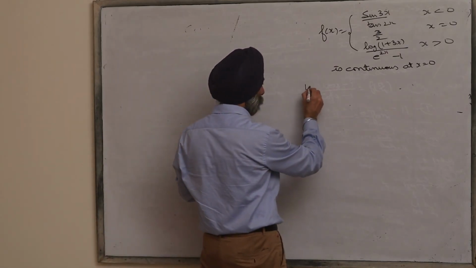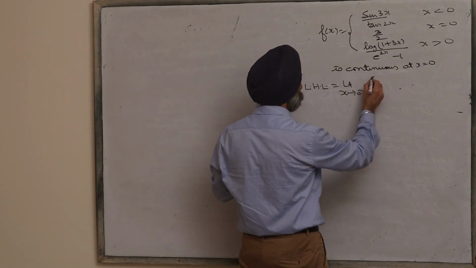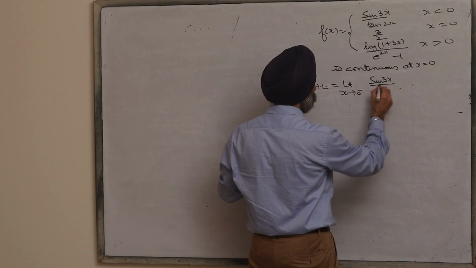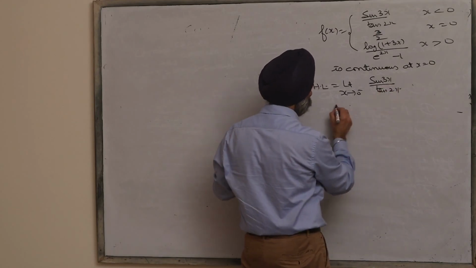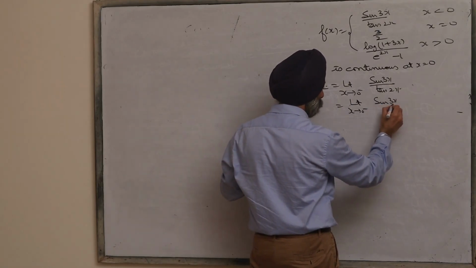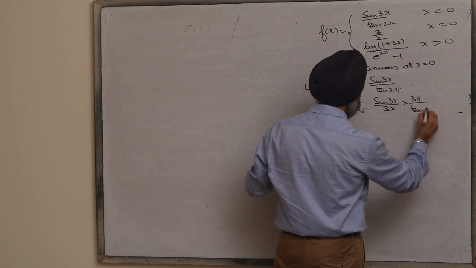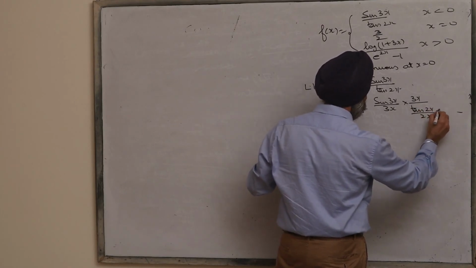So first of all, let me find the left hand limit, which is limit x approaches to 0 negative sin 3x upon tan 2x. So this is limit x approaches to 0 negative, sin 3x upon 3x into 3x upon tan 2x upon 2x into 2x.